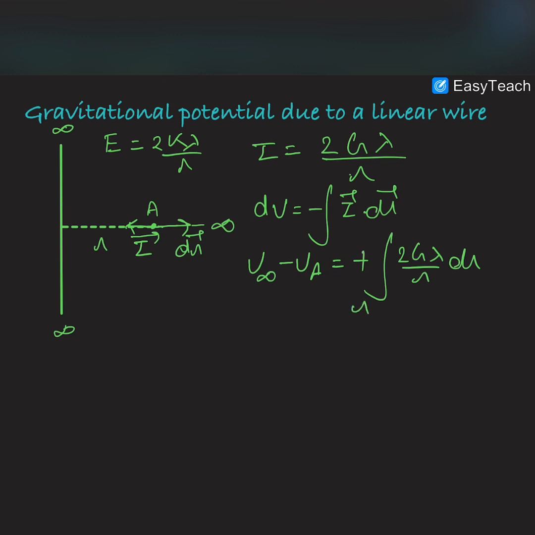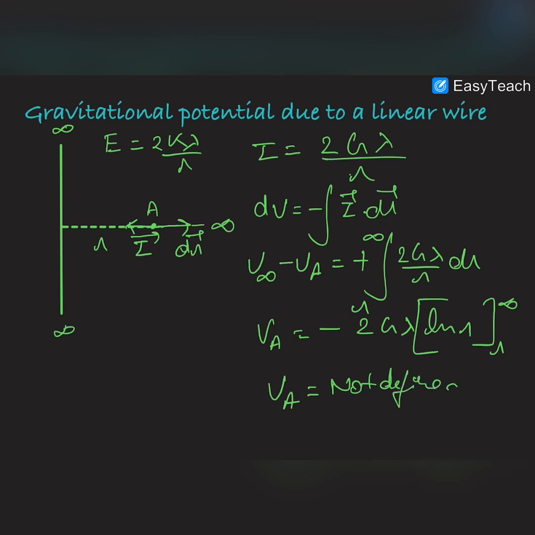The limit would be from r to infinity, and VA would be equal to minus 2G lambda ln r, with the limit from r to infinity. So you can see that there would be a log infinity term, and log infinity is not defined, so VA is not defined. So we can say that the gravitational potential due to a linear wire is not defined.